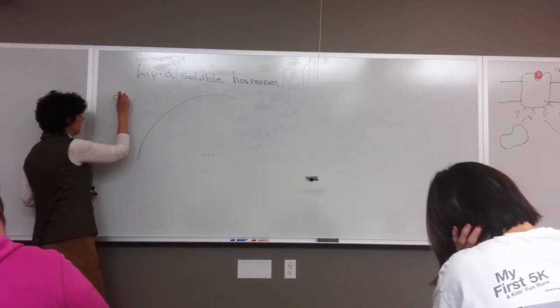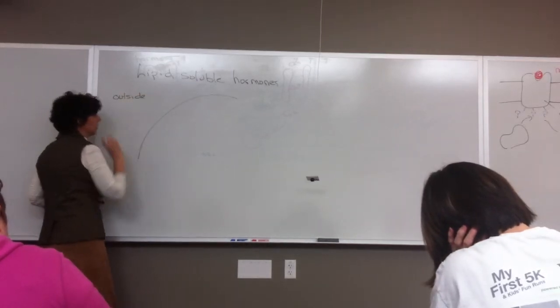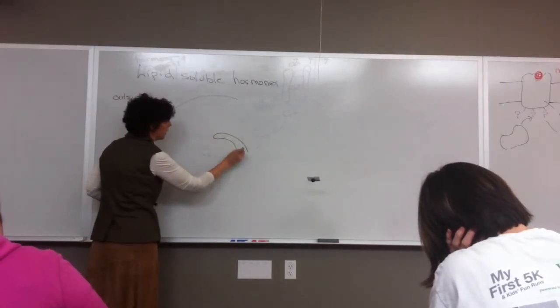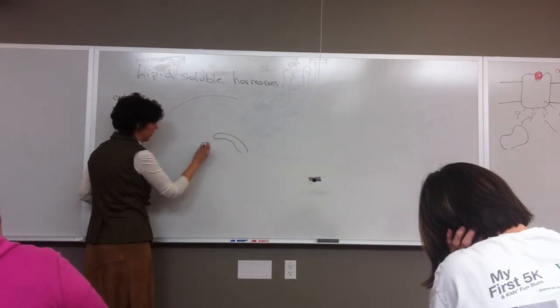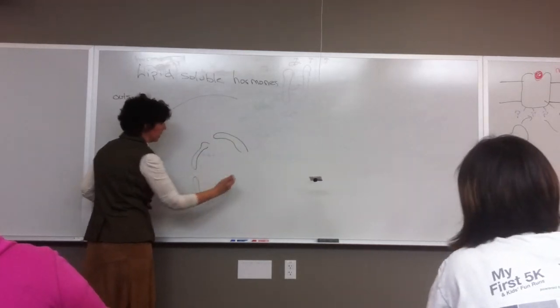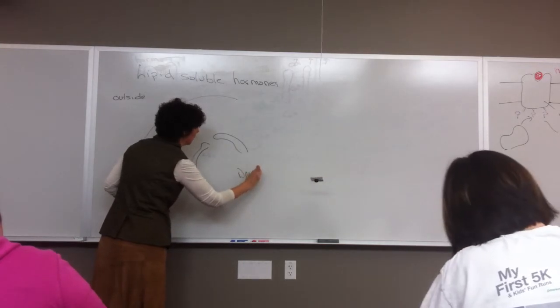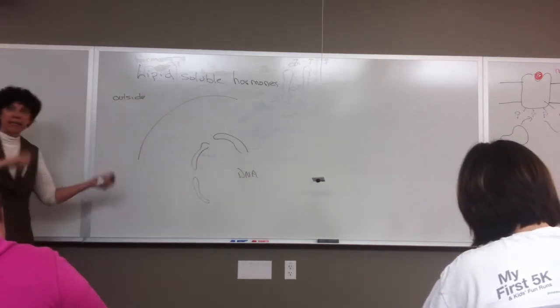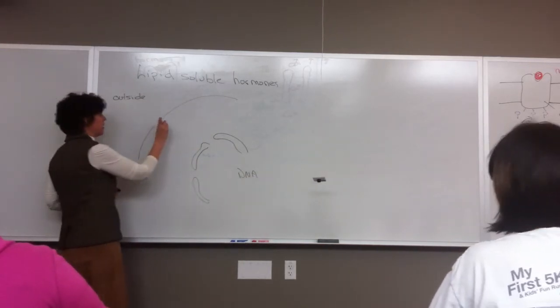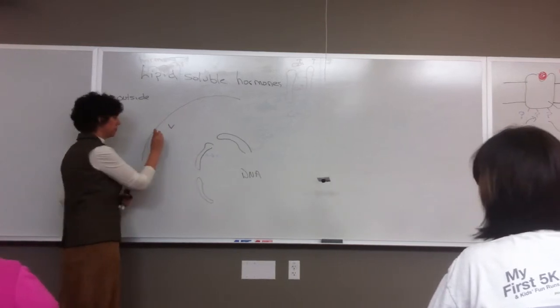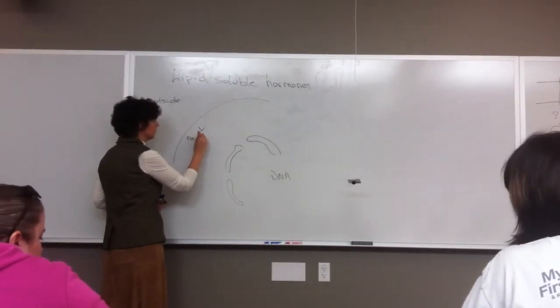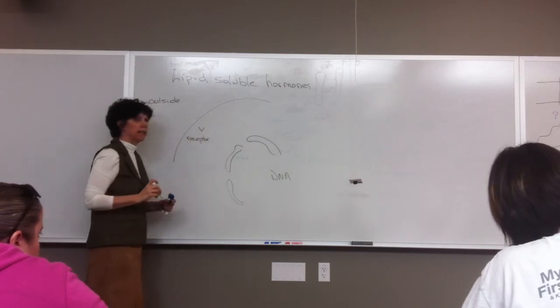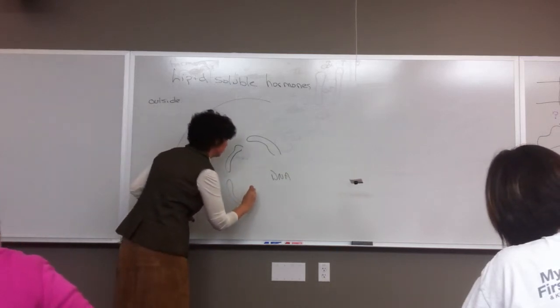So here's our plasma membrane. Here's our nuclear membrane with the nuclear pores, and DNA. And our receptor can be in a couple of locations. It can be in the cytoplasm, or it can be in the karyoplasm, in the nucleus.